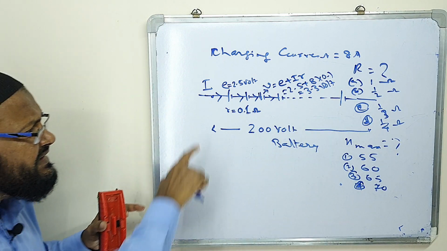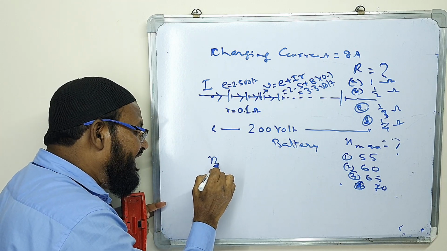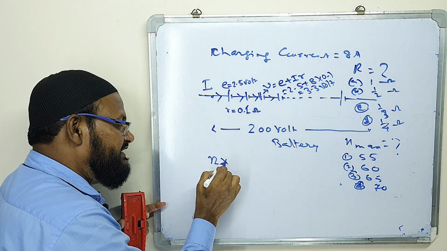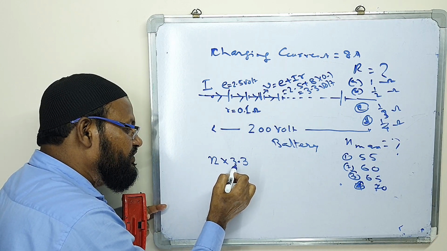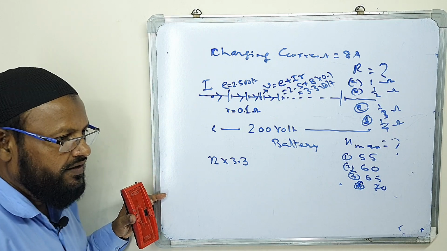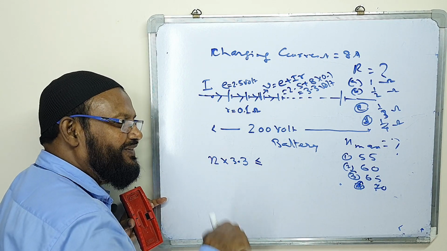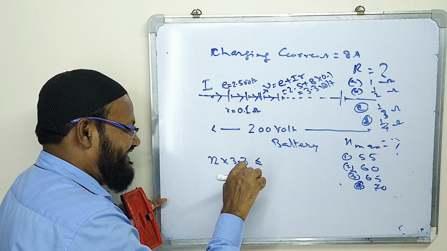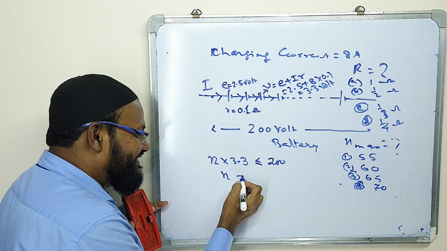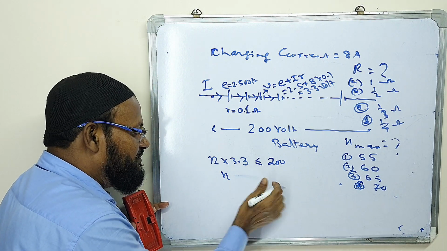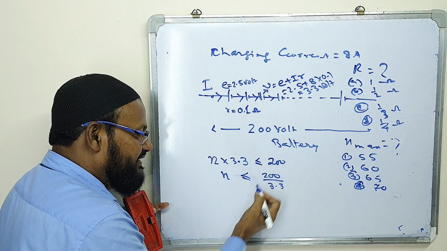Now, they are in series. Therefore, N into 3.3 should be equal to or less than, not greater than, 200. So N is equal to or less than 200 divided by 3.3.